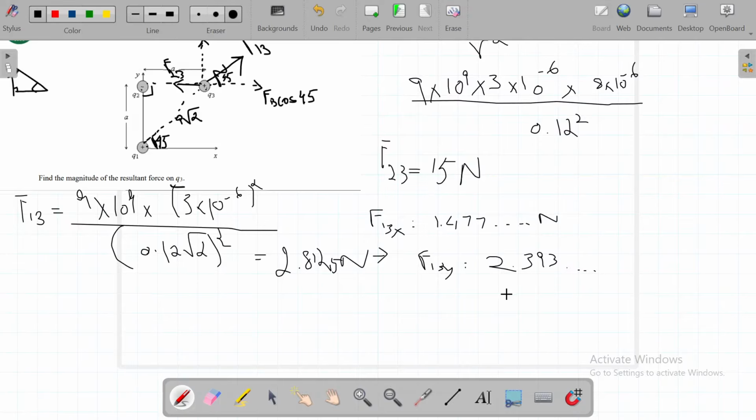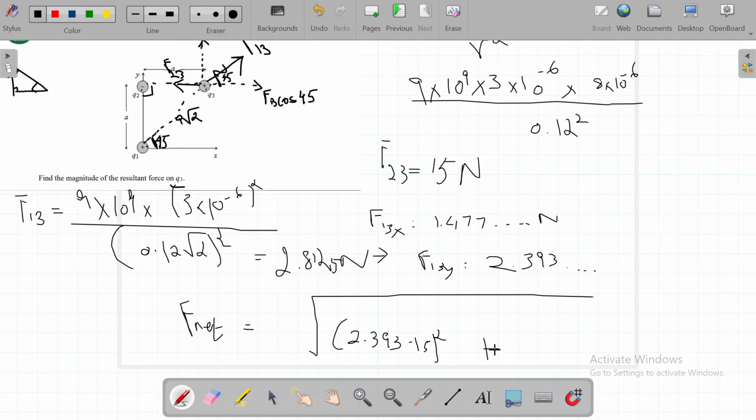Okay, then we can see here that F13 cosine 45 is in the opposite direction of F23. So you need to subtract them from each other. To find the resultant, F net, sorry, my mistake, you should subtract the x components from each other.